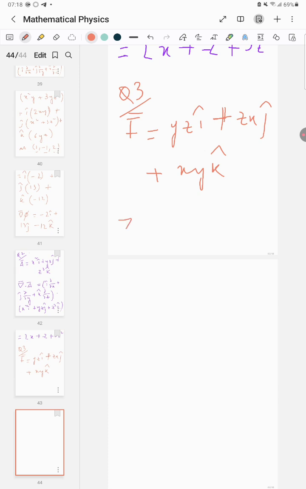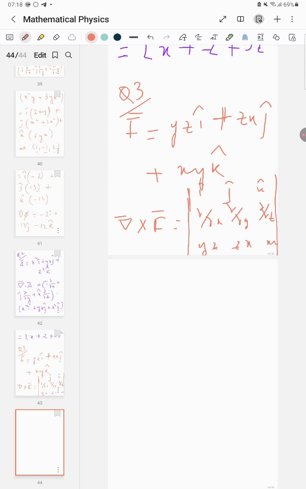Finding curl of F would be nothing but writing them down in terms of a matrix: I cap, j cap, k cap, then del x, del y, del z, and for F we have yz, zx, xy.